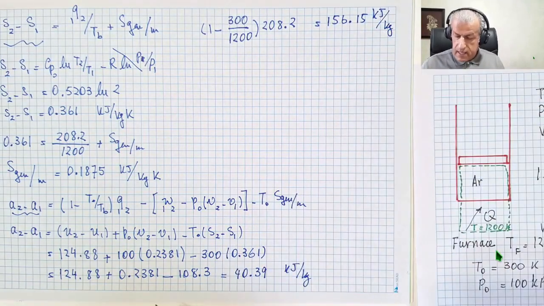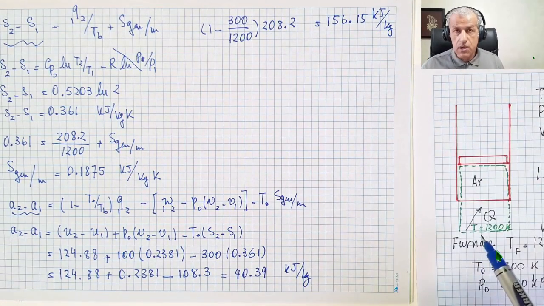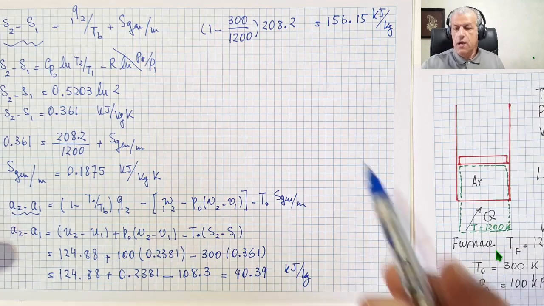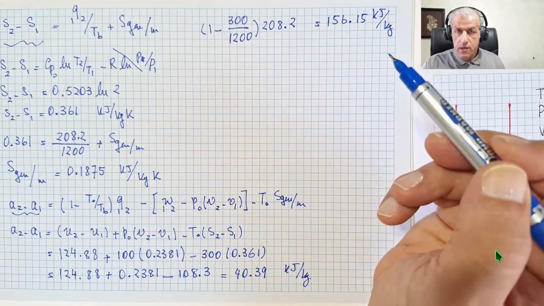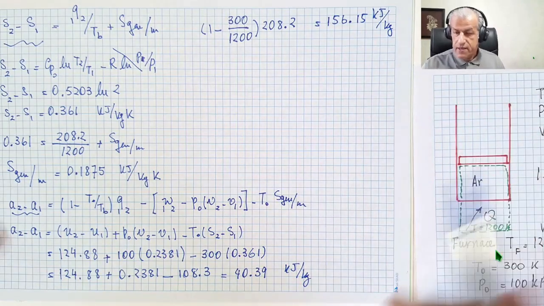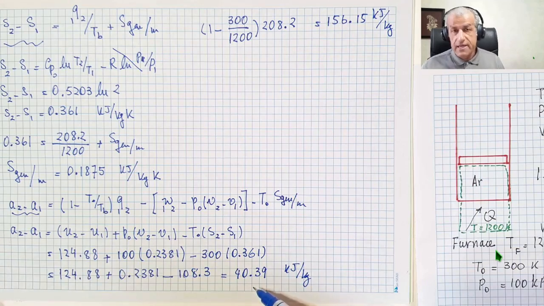It means that it's true that 208 kilojoules per kilogram of heat is transferred through this boundary, but that's not the availability transfer. Availability transferred through this heat transfer is only 156.15 kilojoule per kilogram. And out of that availability, 156, which is transferred through heat transfer, only 40 is stored in the argon. We shall discuss that pretty shortly.